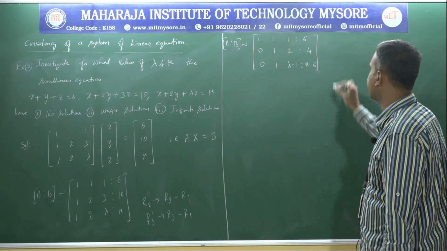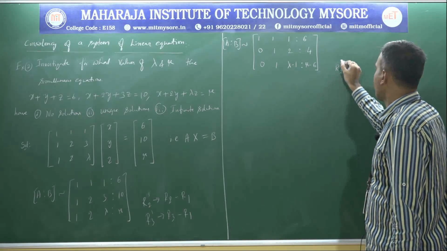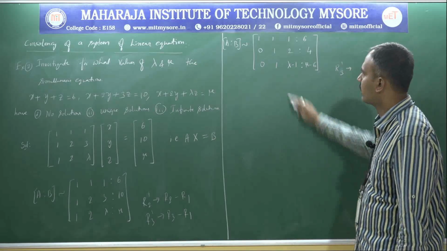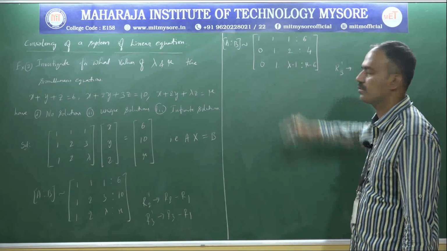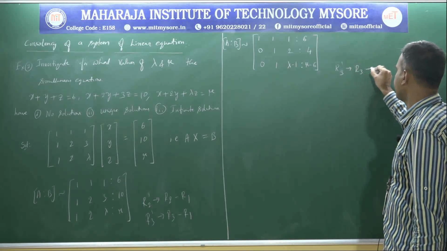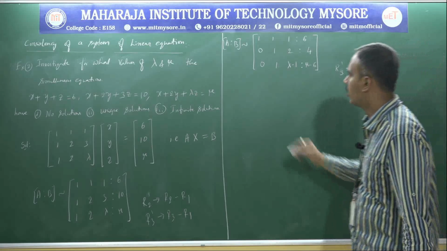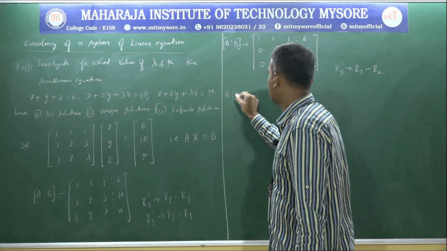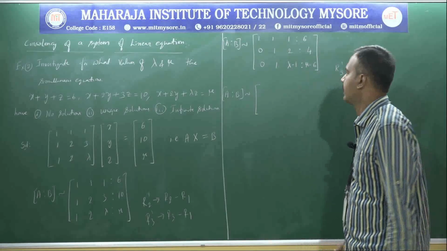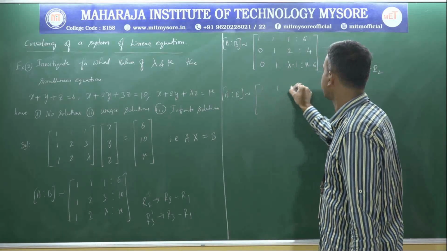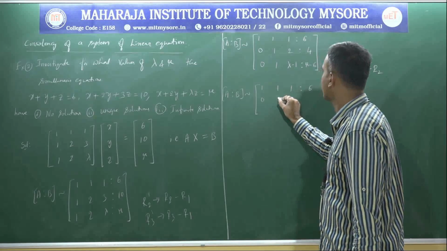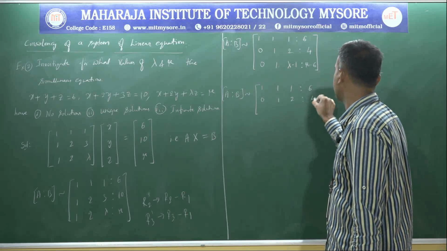One more step: we apply the transformation R3' = R3 - R2, to make the particular element 0. Now the augmented matrix can be represented as follows: first row no changes, second row also no changes, same elements.